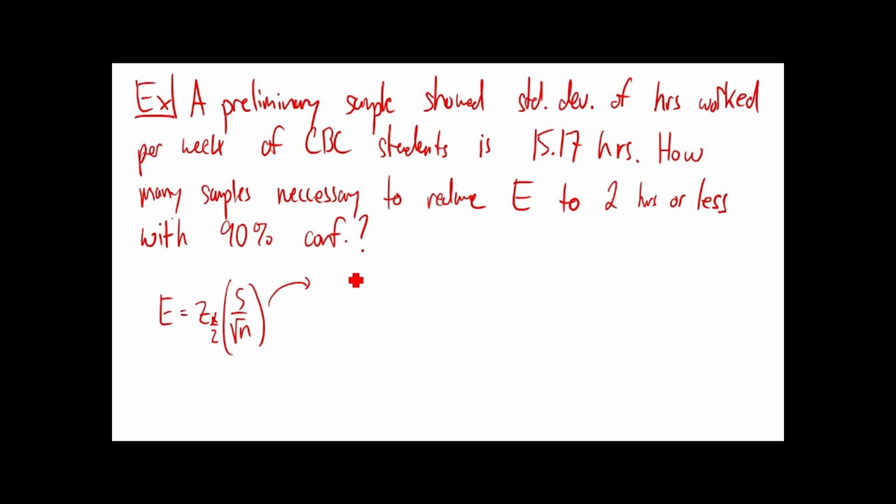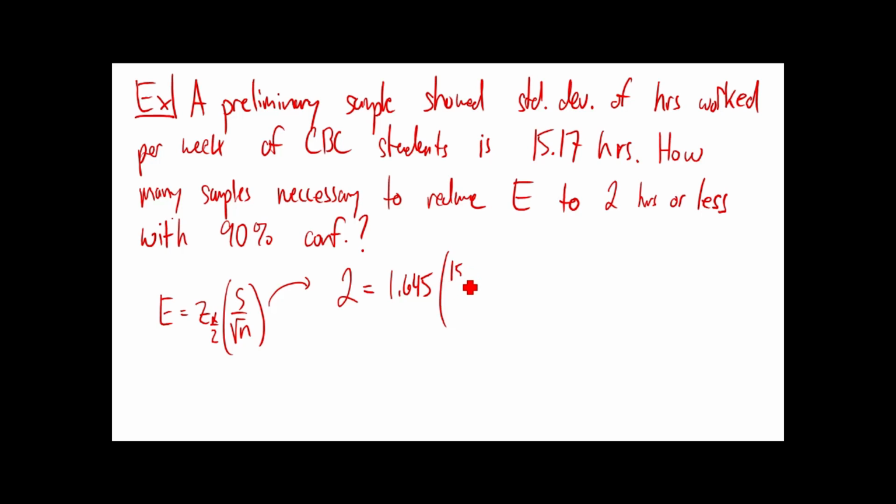I know I want my margin of error down to 2 hours. If I'm doing 90% confidence, what's the z multiplier for 90% confidence? Isn't it 1.645? Right, for 90%? Look on your table. I think it's 1.645.